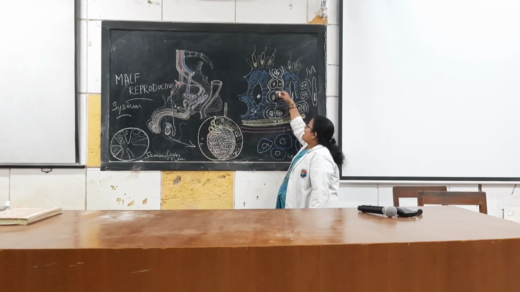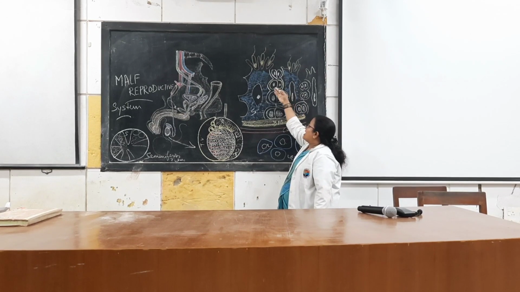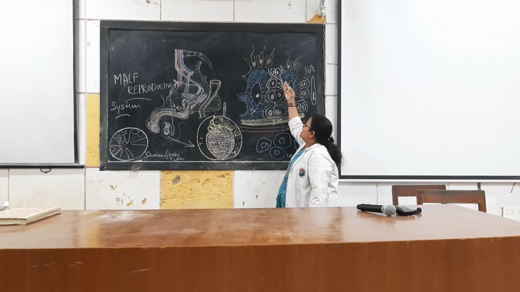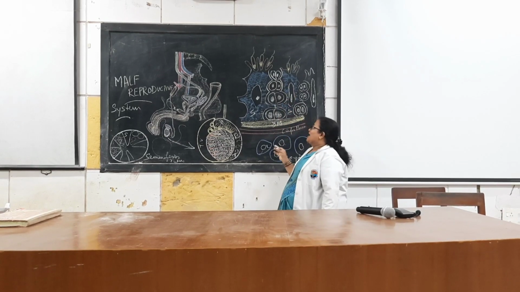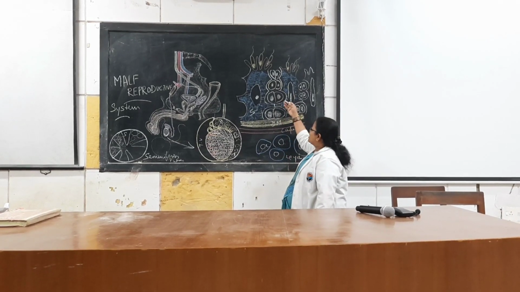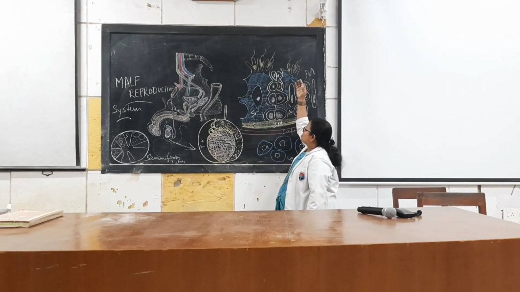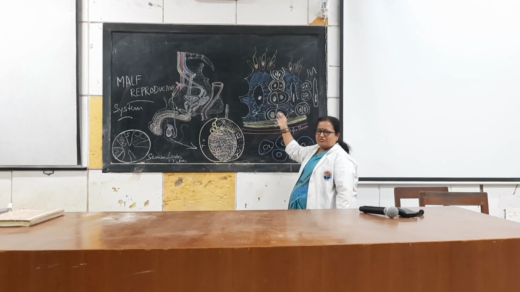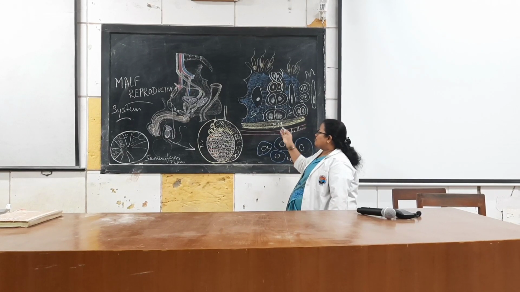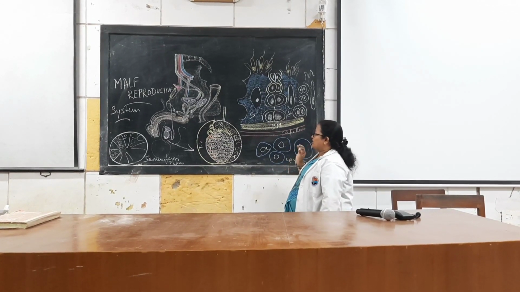Towards the adluminal compartment, we have the primary spermatocyte, the secondary spermatocyte, and the spermatids. So towards the adluminal compartment we have all the later stages, and in the basal compartment we have only the spermatogonial cells.